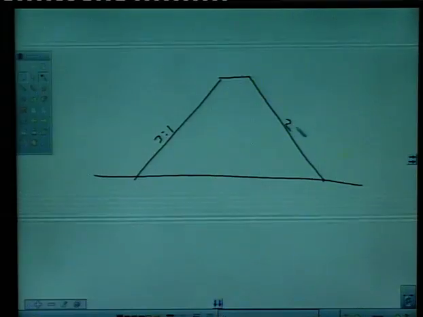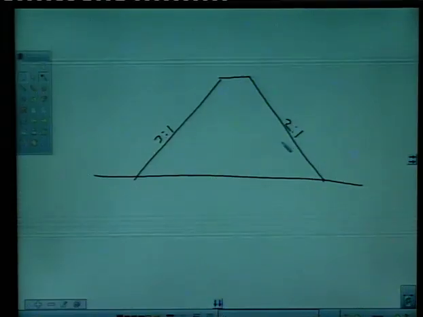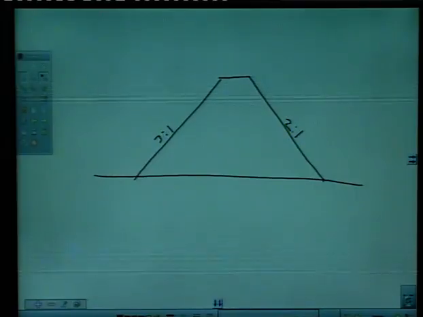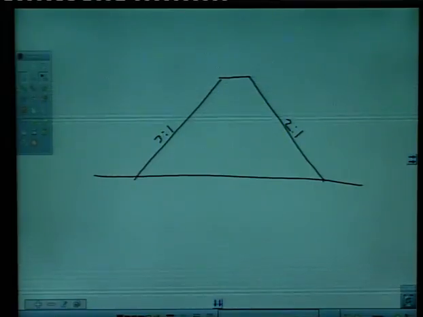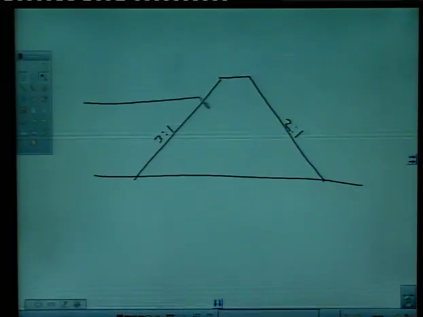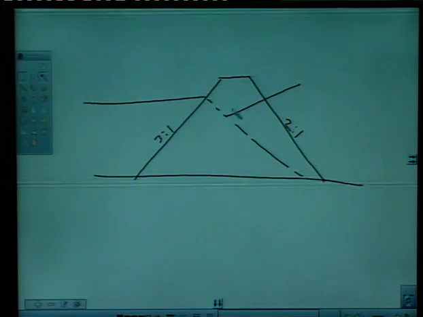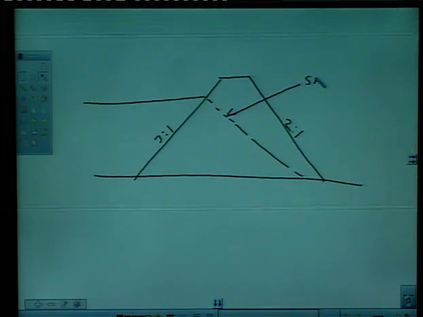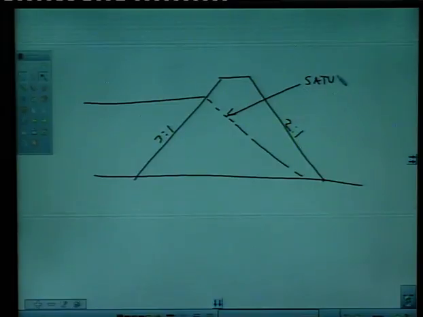So, 2 parts horizontal and 1 part vertical. The section is having, let us say, a hydraulic grade line like this one. This should not come out of the dam structure. The hydraulic grade line is also known as the saturation line.